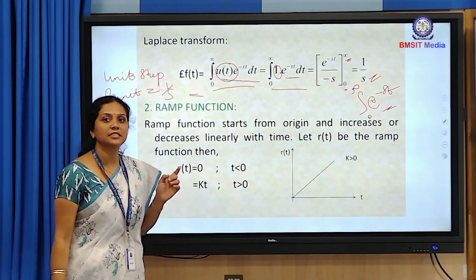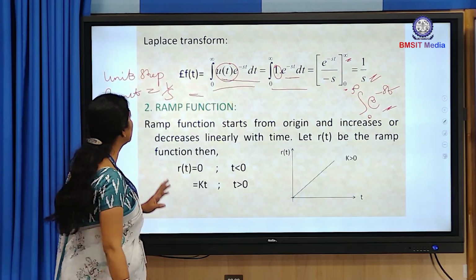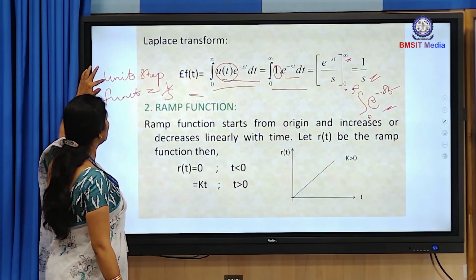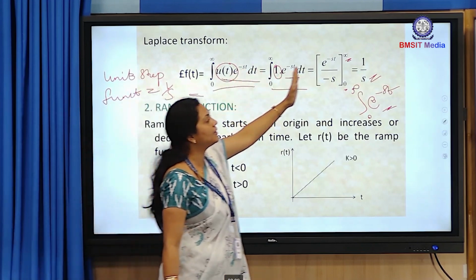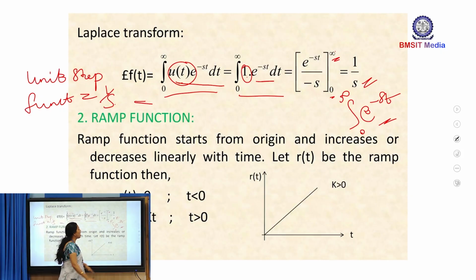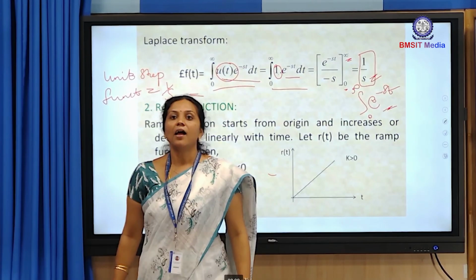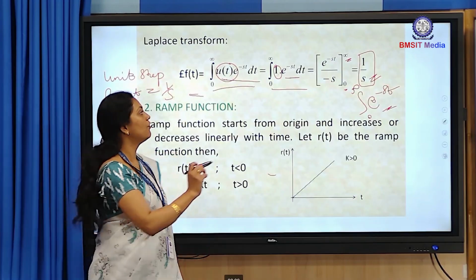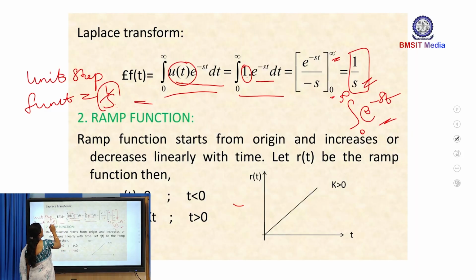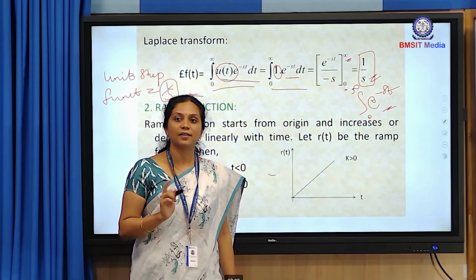Whenever I use a unit step function, after the integration, applying the upper and the lower limits, the value that I will be getting is nothing but 1 divided by s. Whenever the input is a unit step input, we can substitute the value as 1 divided by s. So, this is nothing but the first standard function or input.